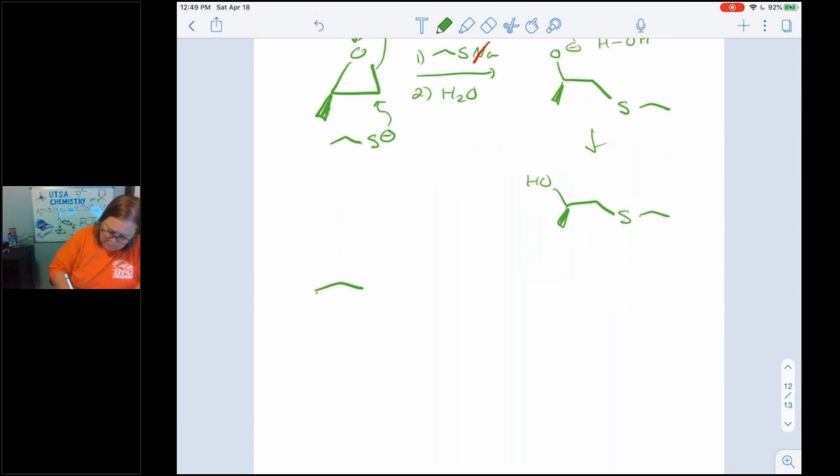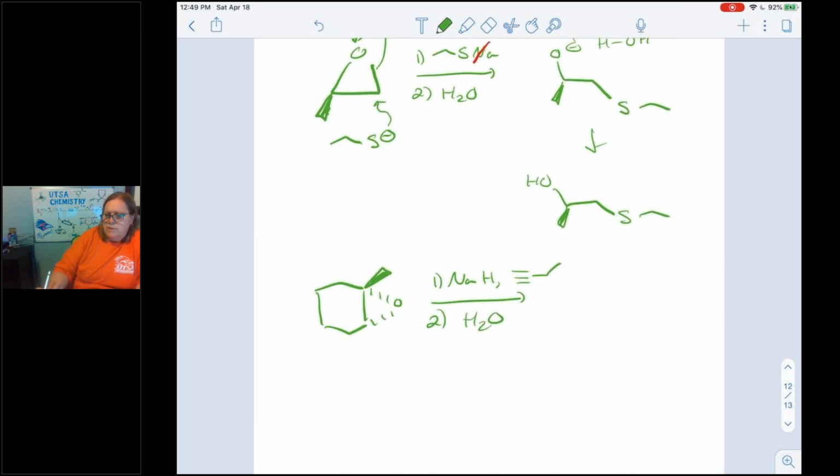Something we have to worry about with rings, cyclic epoxides, with H2O, is that we're going to have so-called trans addition or anti addition.